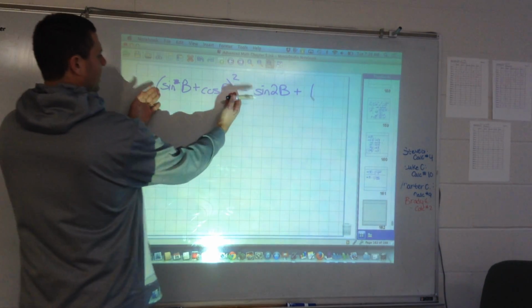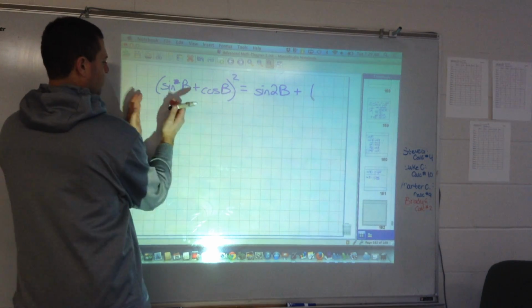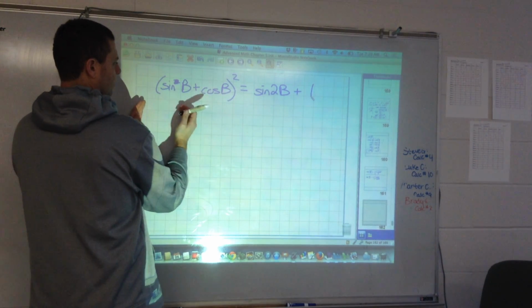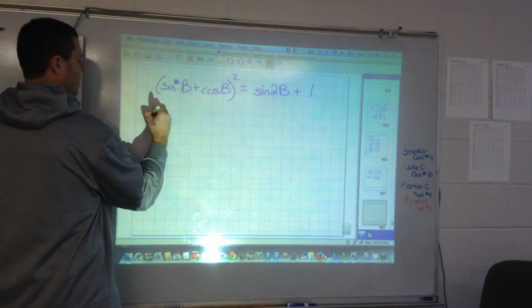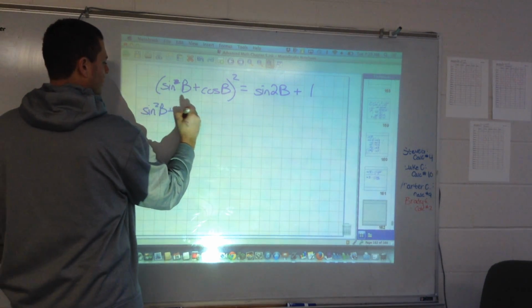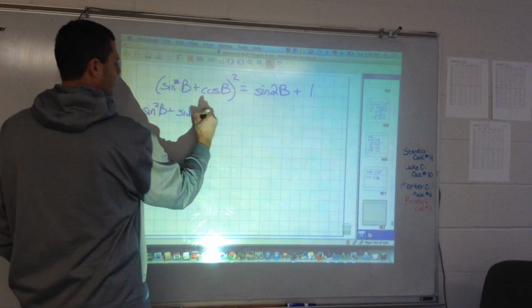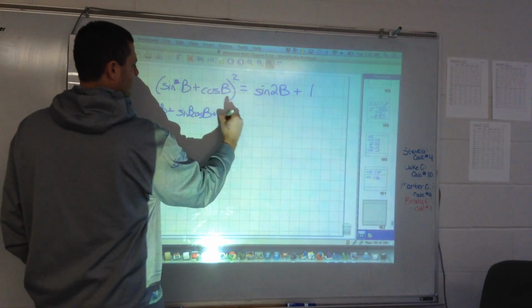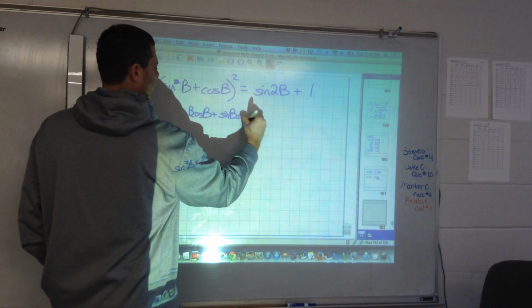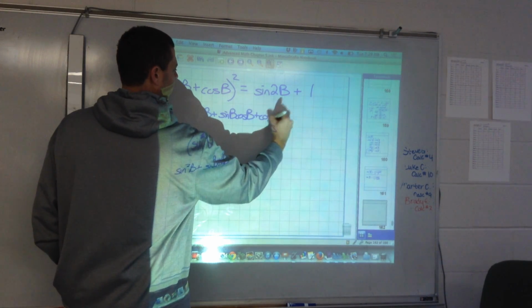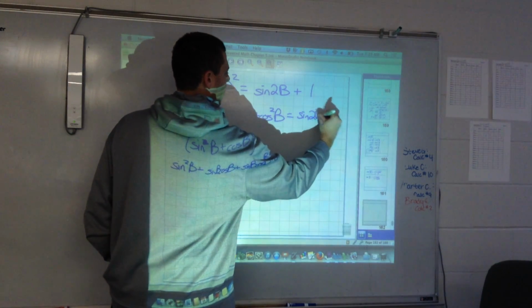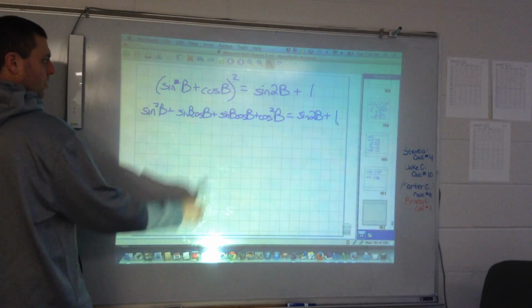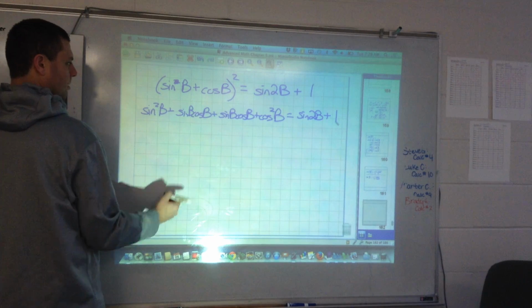This is the more complicated side right here, so I'm going to square it, which would result in a FOIL. So sine b plus cosine b times another sine b plus cosine b. So I get sine squared b plus sine b cosine b plus another sine b cosine b plus cosine squared b. Notice these are like terms.